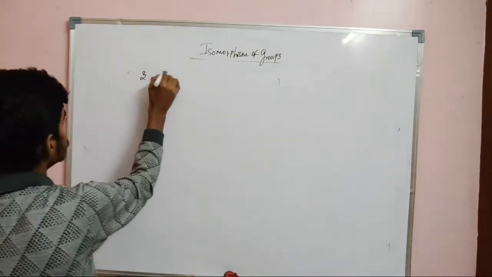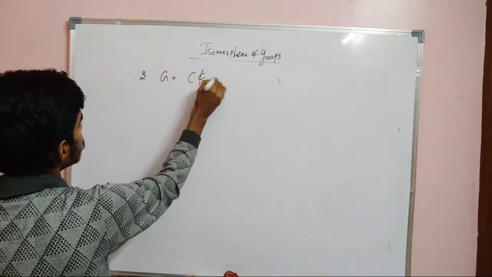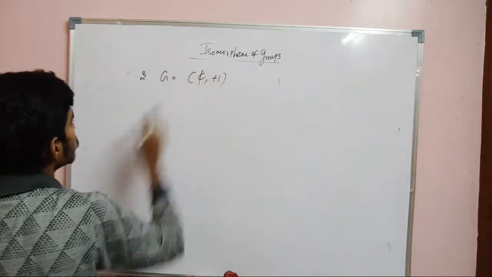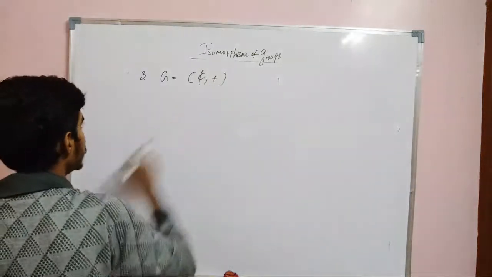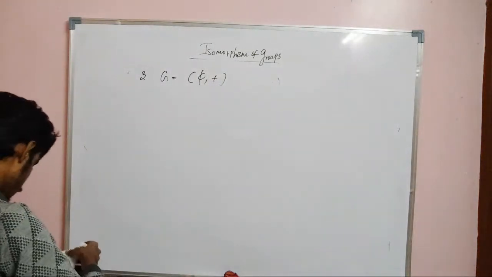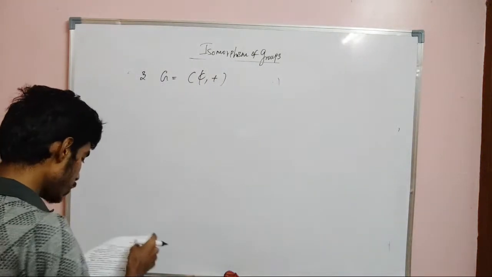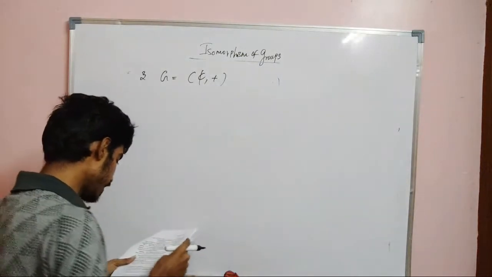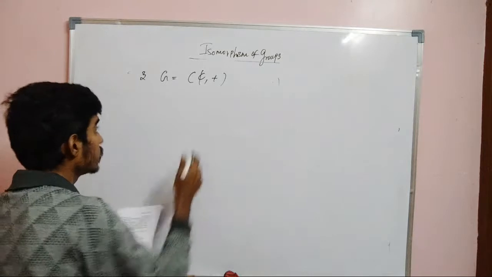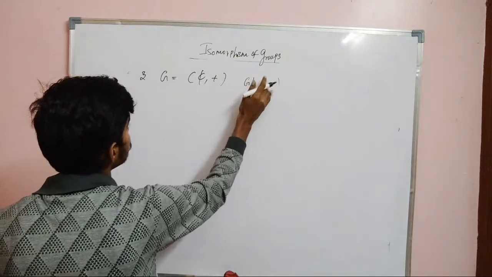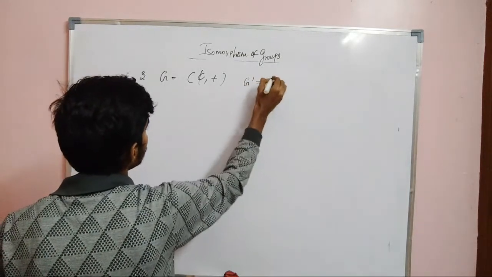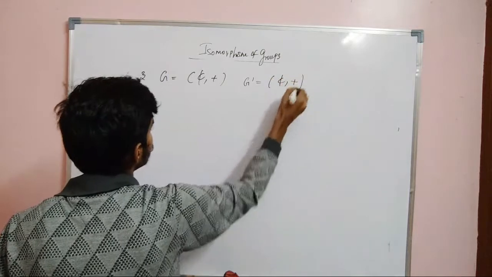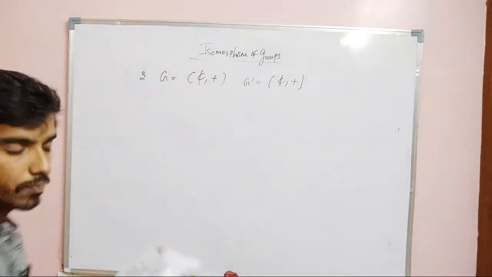G is the set of all complex numbers under addition. It is isomorphic to itself under the identity mapping as well as under the mapping which takes a complex number to its conjugate. Here I am taking two same groups, right?